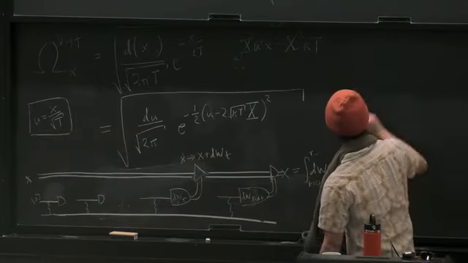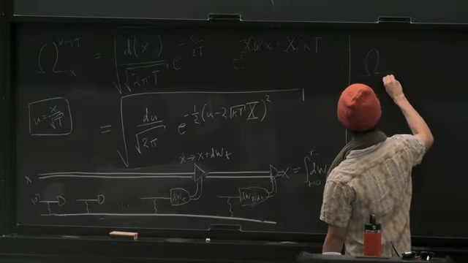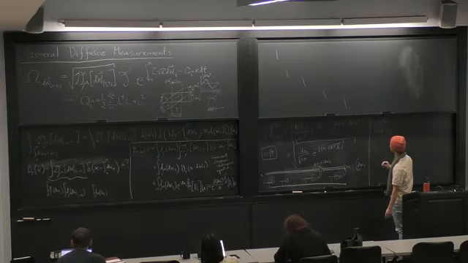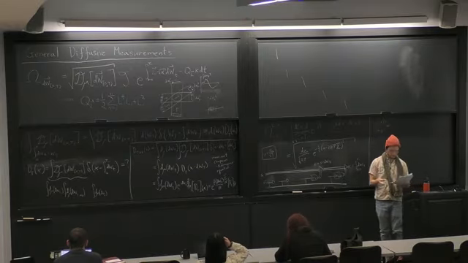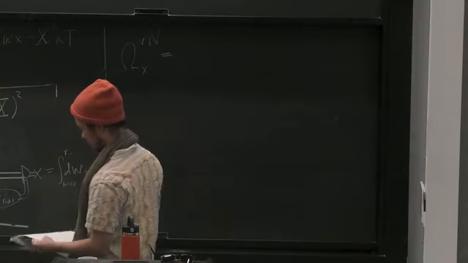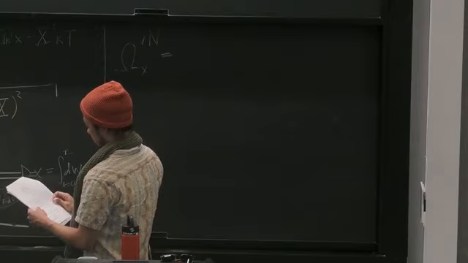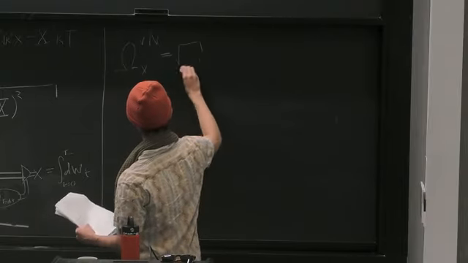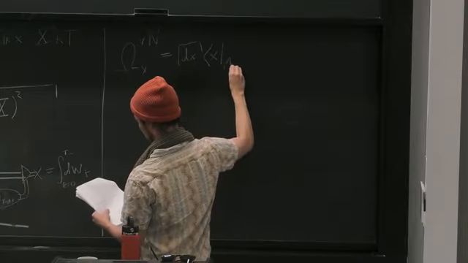Okay. Now, if we compare that to omega x von Neumann, just a quick reminder. So in this one, x actually just means the register of a position measurement.